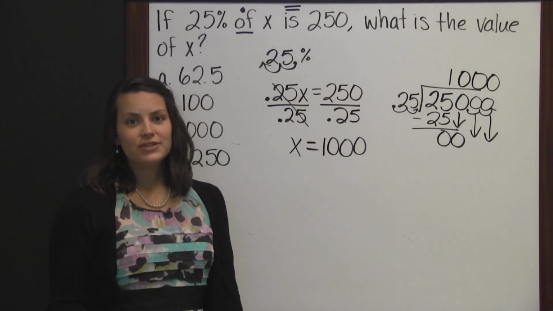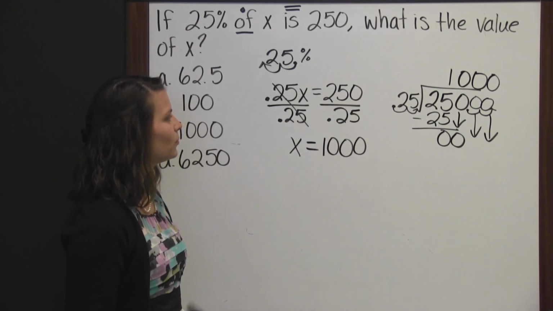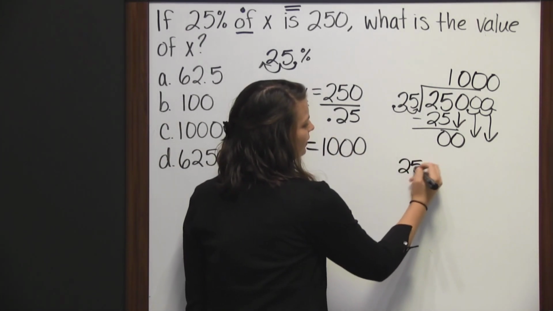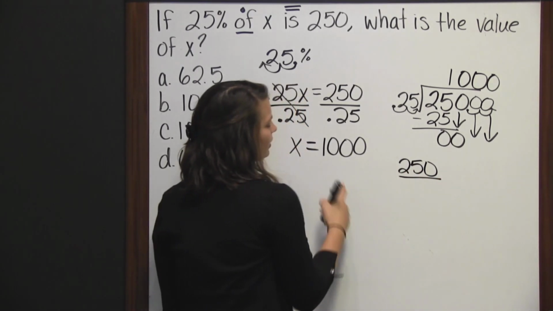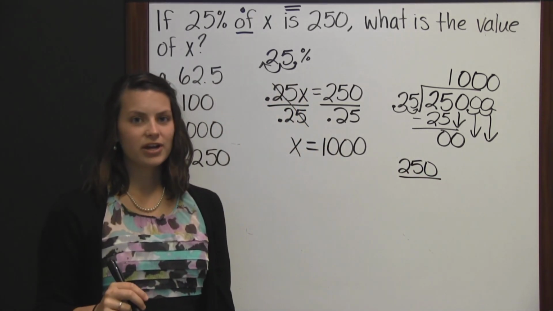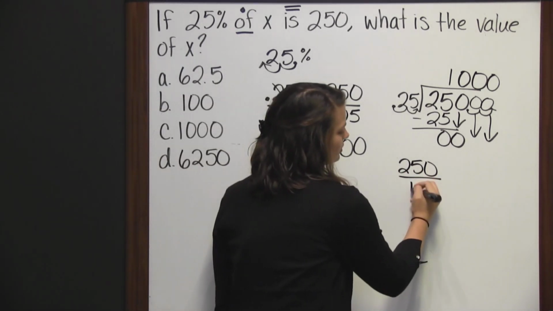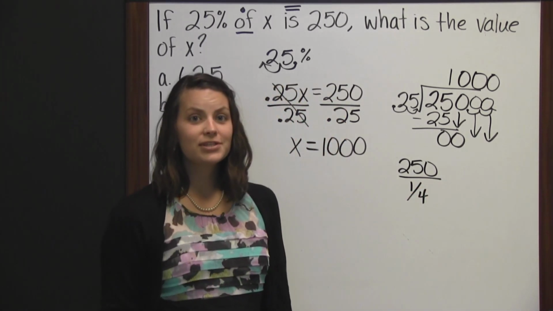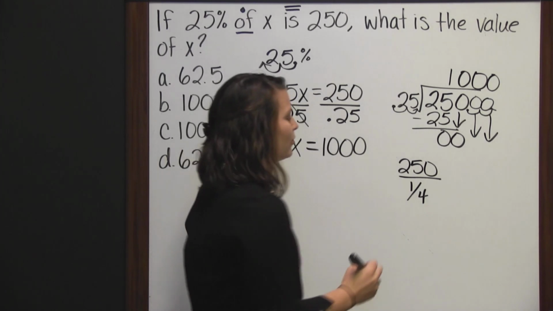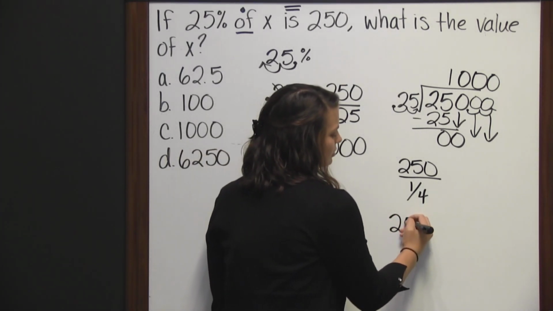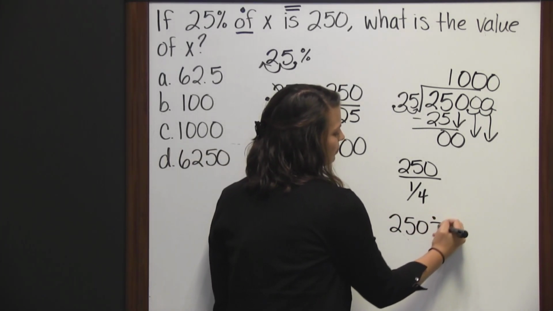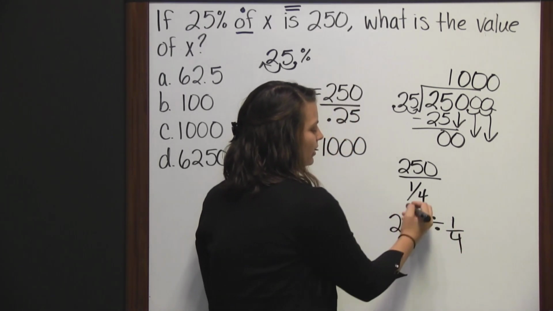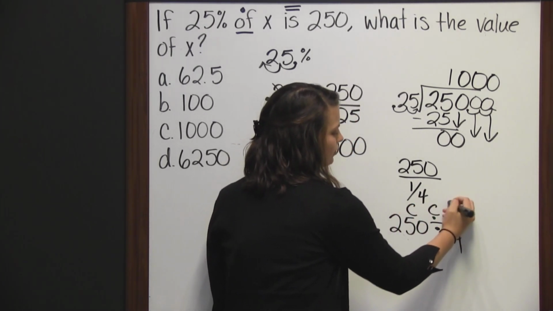Now, if that's a little confusing to you, you can do it one other way. So you can rewrite this as 250 divided by, and then 25 hundredths is 1/4. So it's 250 divided by 1/4, which still might look a little confusing, but we can use copy, change, flip.